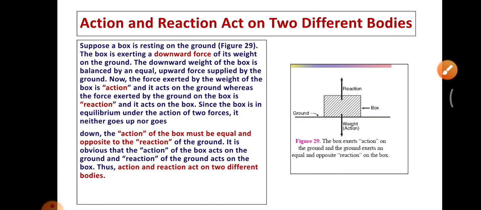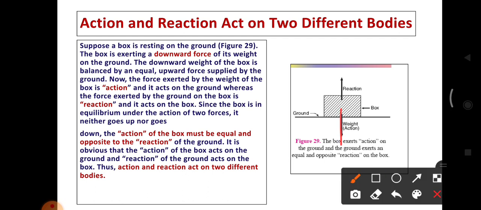So the weight of the box is called the action force and acts on the ground, whereas the force exerted by the ground on the box is called the reaction force. So from the ground the force is reaction, from the box it is called action force. Since the box is in equilibrium under the action of two forces, it neither goes up nor goes down.